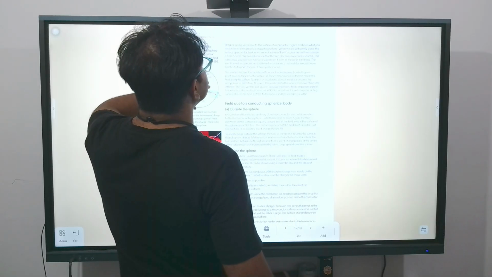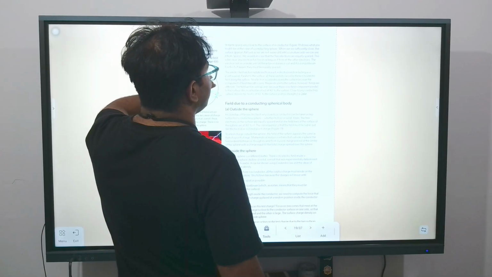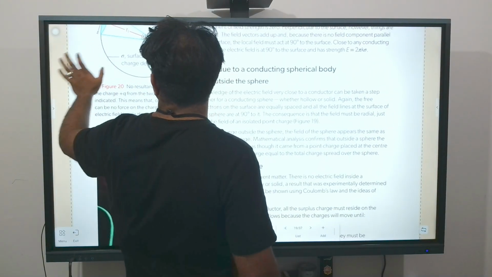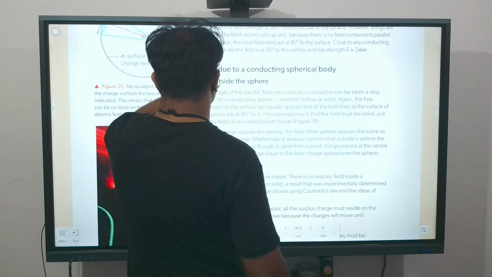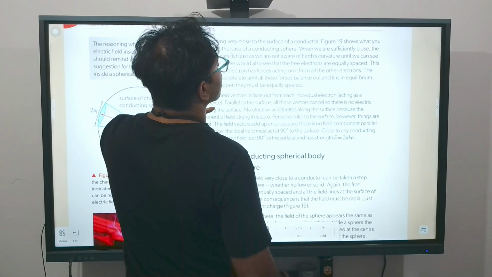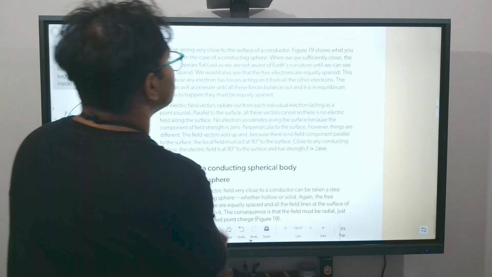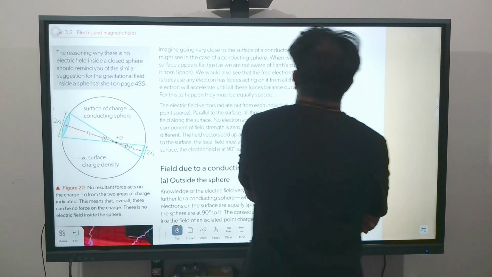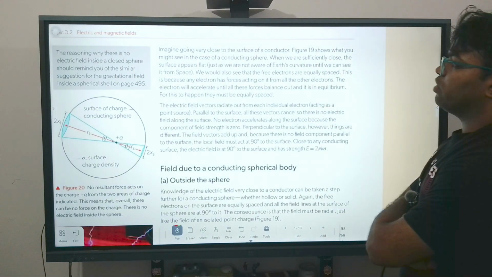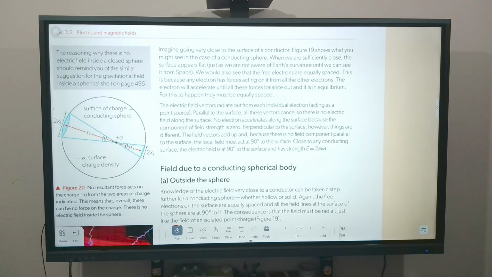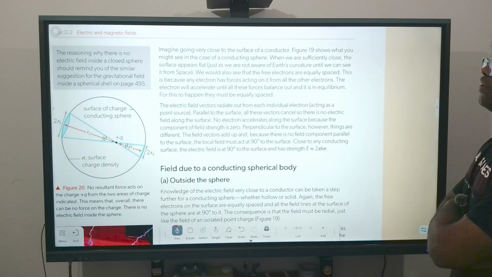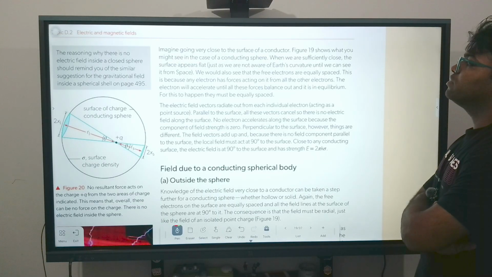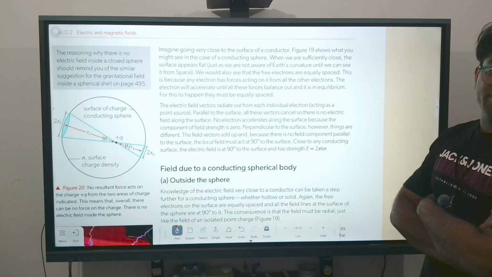Imagine going very close to the surface of a conductor. Figure 19 shows what you might see in the case of a conducting sphere. When we are sufficiently close, the surface appears flat, just as we are not aware of the Earth's curvature until we see it from space.